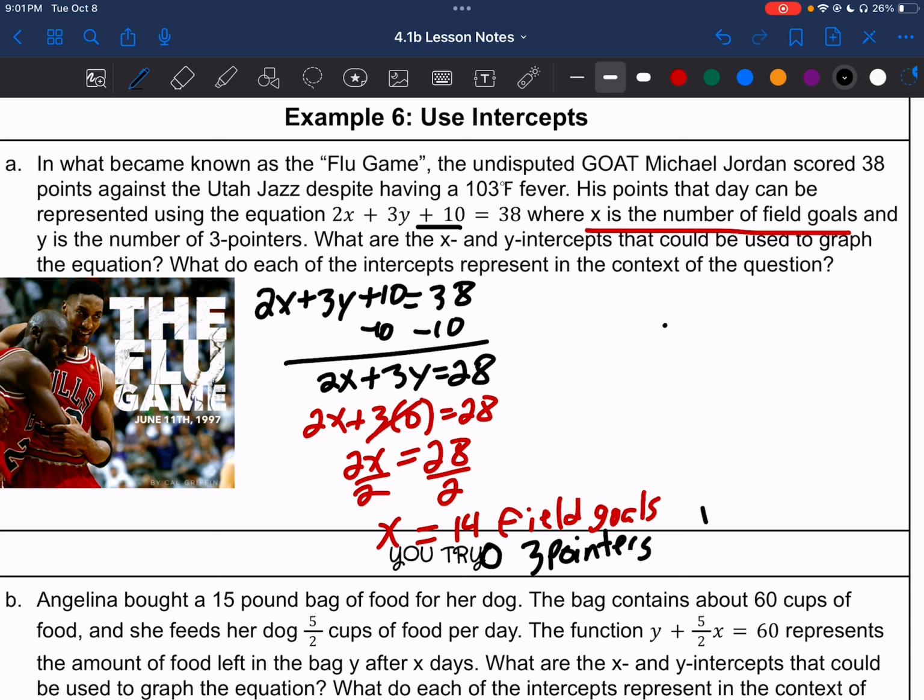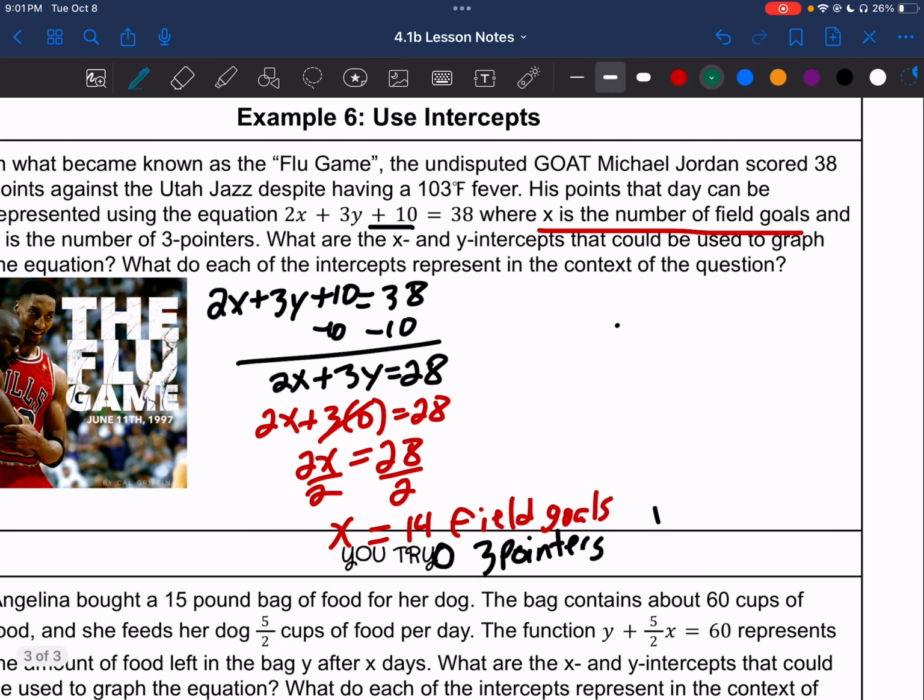There's another possibility as well, though, and that would be if he only shot three-pointers. So that's going to be the context of the other solve that we do. So we have 2 times 0, meaning that he scored 0 two-pointers. And we're going to add 3y, and that's going to be equal to the 28 points that he had. So 2 times 0 cancels out. 3y is equal to 28.